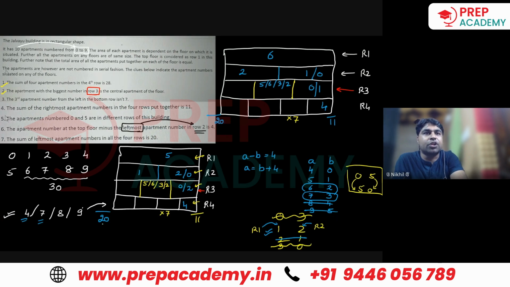So 20 minus 6 is how much? 14. So if 7 is here, 7 has to be here also. Then only the 14 summation can be possible. But two flats cannot have the same number. So 7 cannot be here also. So 7 has to be here.